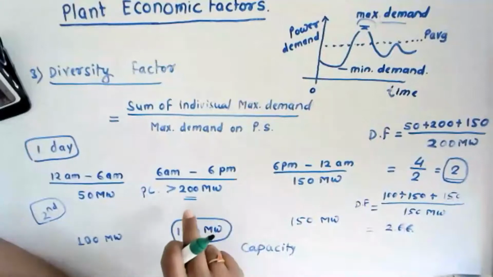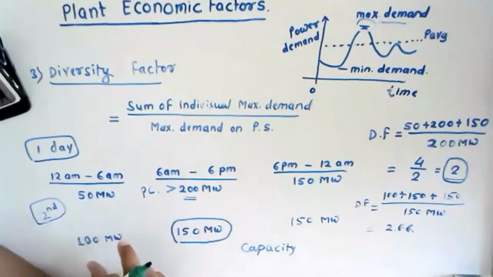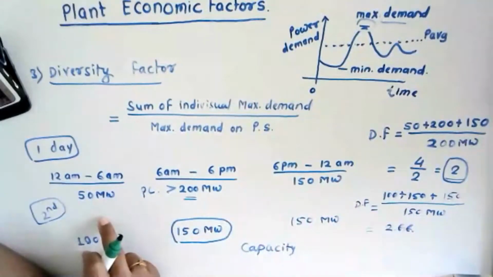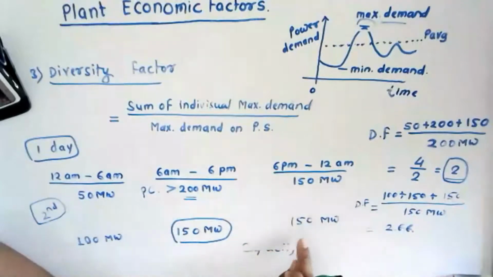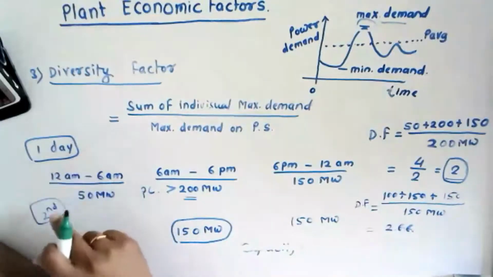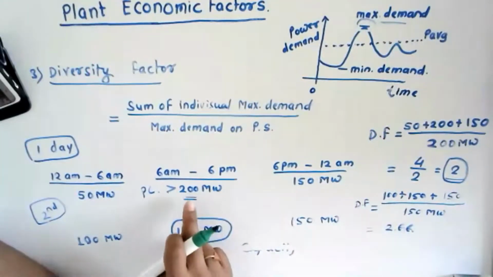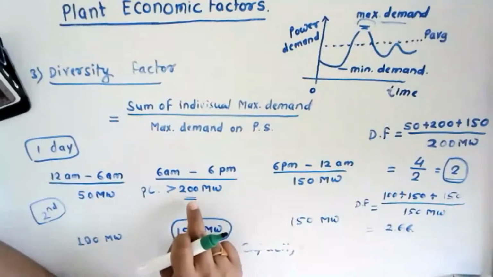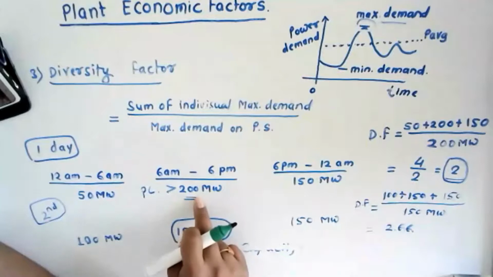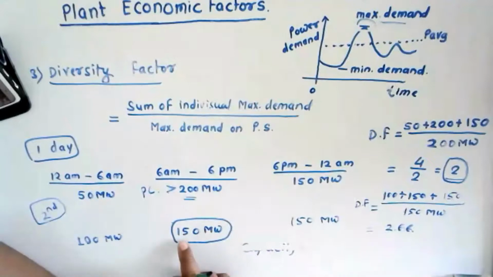But what did I do now? Of the 200 megawatt of power I was using during the day, 50 megawatt of power, when am I using it? I am using it at night. What is my total day's consumption? 400 megawatt. My day's consumption is the same on both days, on the first day and on the second day, I would have the same consumption. Okay, 400 megawatt same consumption. But what is going to happen here? As I am going to shift the load to the night period, my maximum demand is going to change.